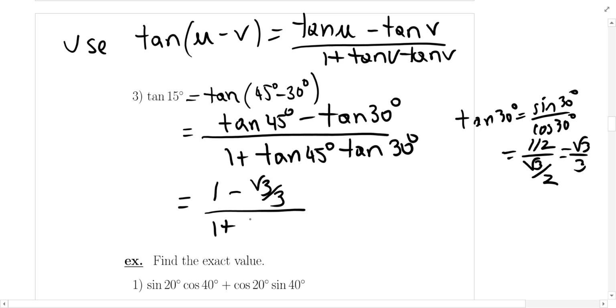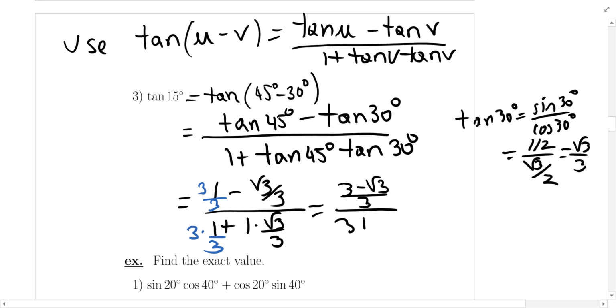Over 1 plus tangent of 45, which is 1, times tangent of 30, which is square root of 3 over 3. So now I have to work this one out a little more. I'm going to bring it to a common denominator. So this is going to be 3 minus root 3 over 3, all over 3 plus root 3 over 3.